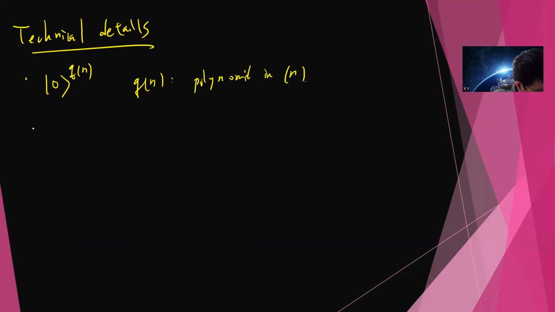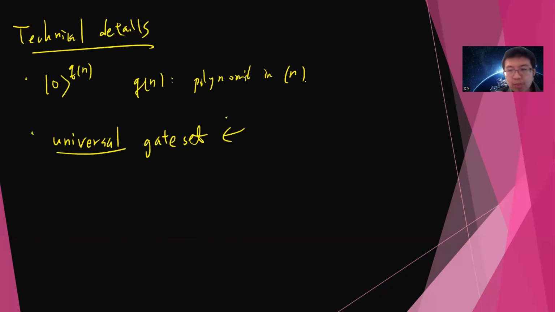The gates you can use, in principle, come only from a universal gate set, a very small set of gates. There are some common gates: the Hadamard gate, the X, Y, Z gates, and the phase gate.